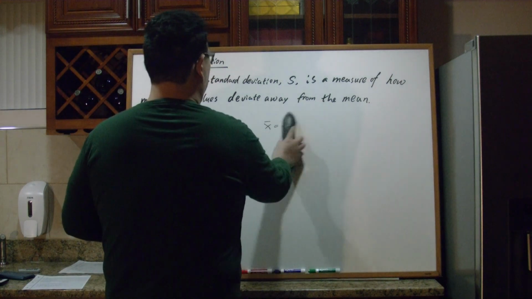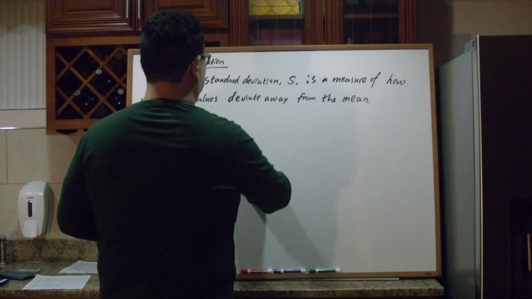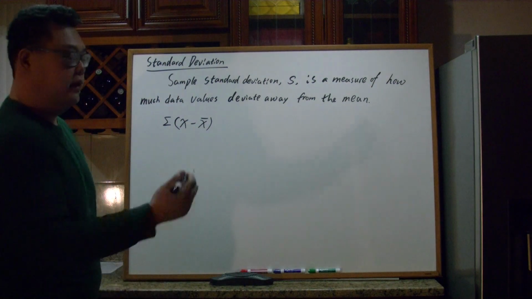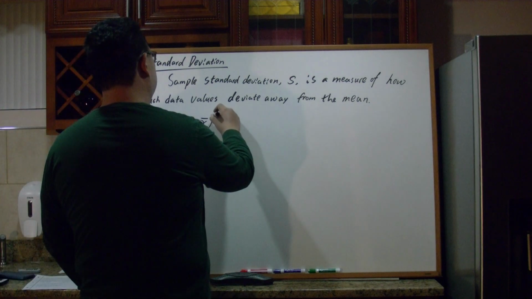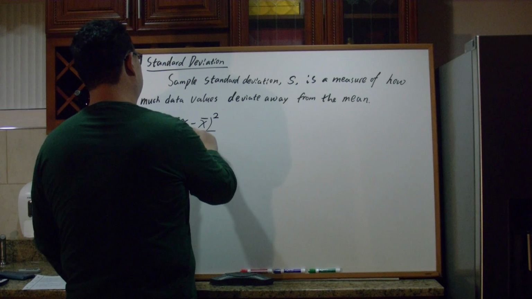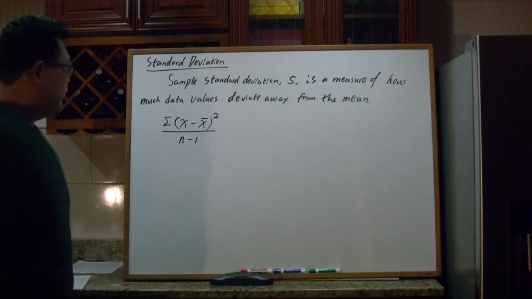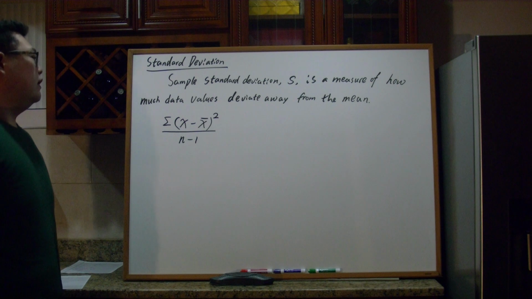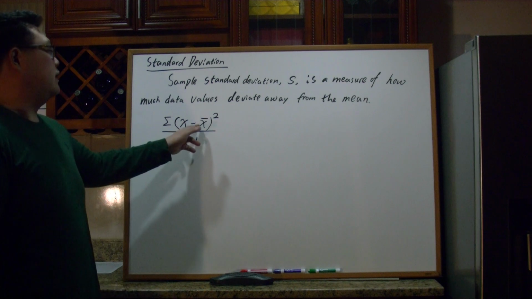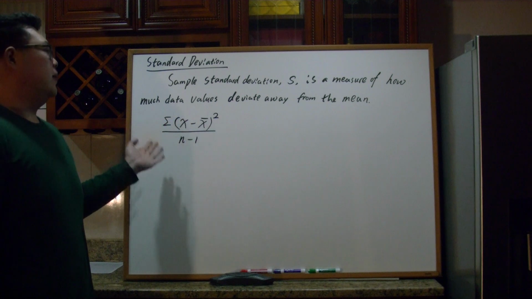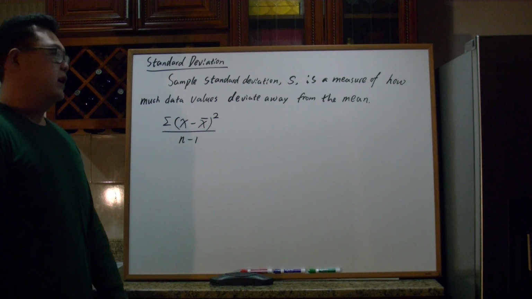Because some differences are negative and some are positive, what we do is square them and take the average. We have n minus 1 as the denominator because, if the sample mean is set, not all n data values are free, only n minus 1 are free.